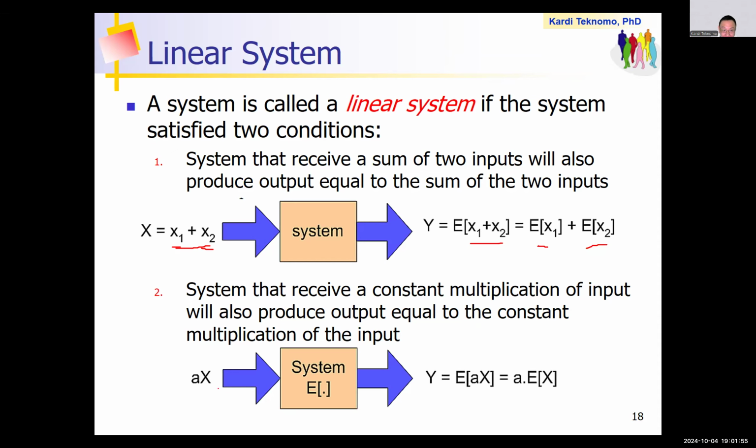Next criterion: if the input is scaled, multiplied by a certain constant, then the output will have exactly the same scale. By definition, this is what is called a linear system.